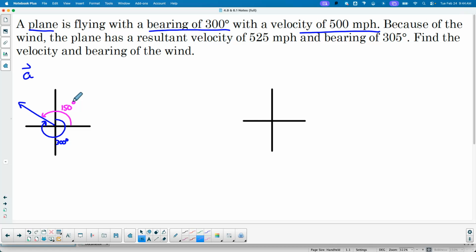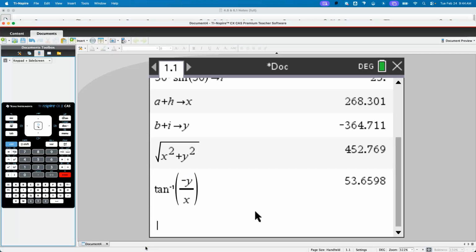So that vector A would be 500 cosine of 150, 500 sine of 150.